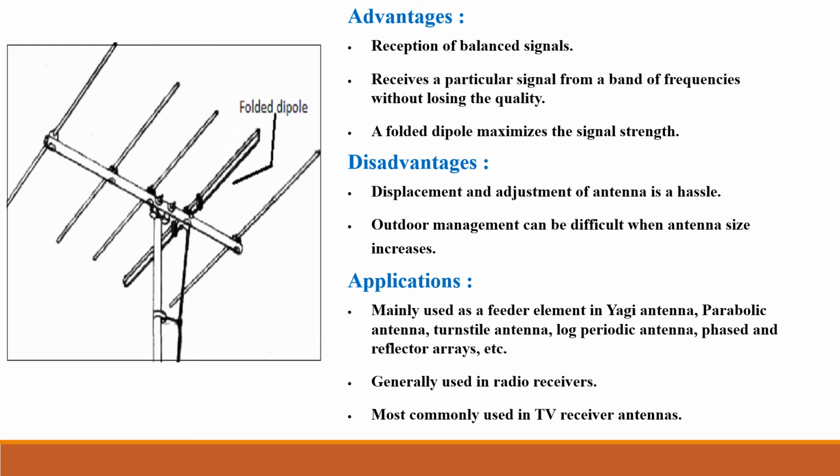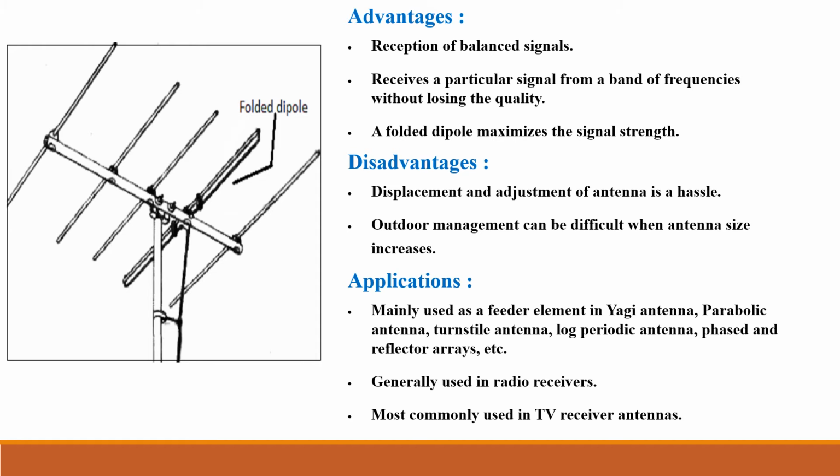The advantages: reception of balanced signals, and it receives a particular signal from a band of frequencies without losing the quality. The folded dipole antenna maximizes the signal strength. The disadvantage of this antenna is that displacement and adjustment of the antenna is a hassle, and outdoor management is difficult.